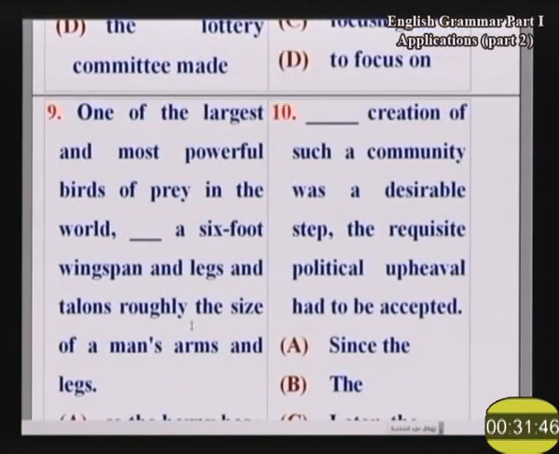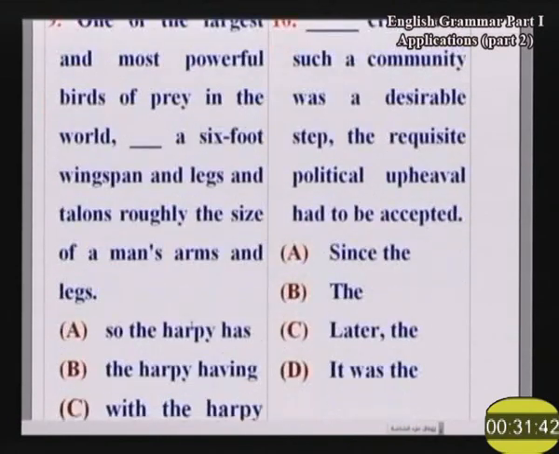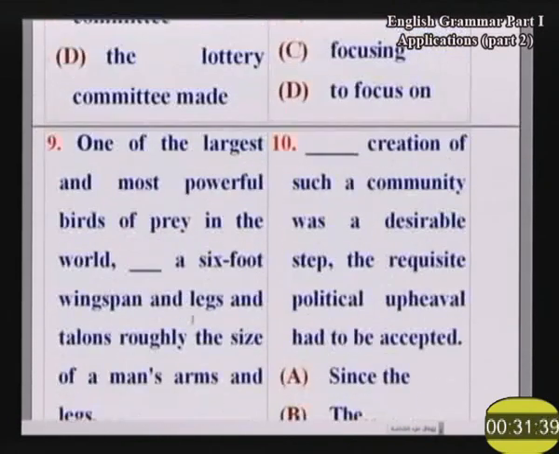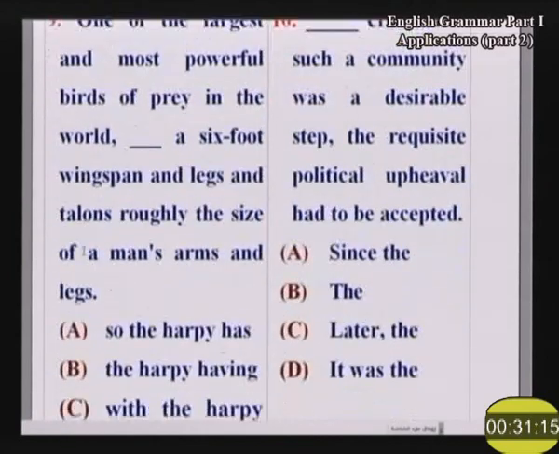The creation of such a community was a desirable step: the creation subject, was verb، و since connector وبعدين عشان كده حطيت كوما the requisite political upheaval had to be accepted، الفاعل والفعل التانيين بتوع الجملة.